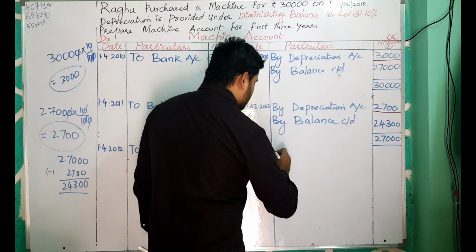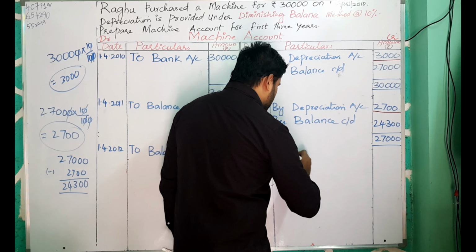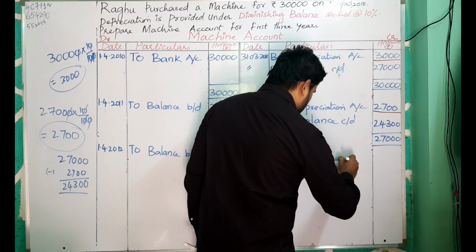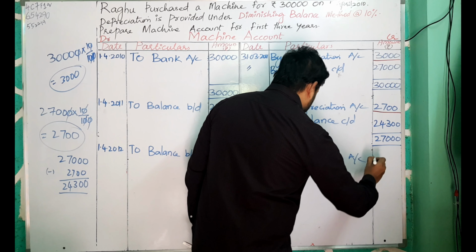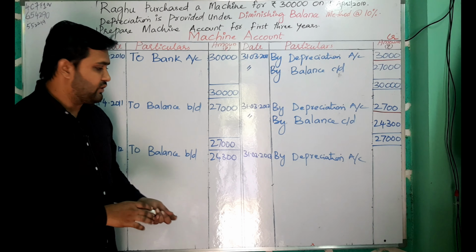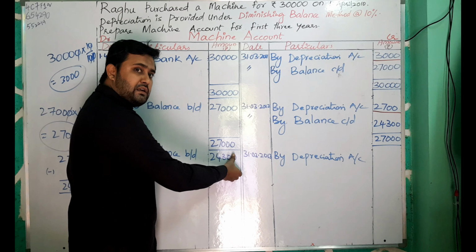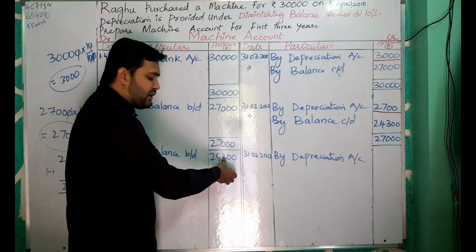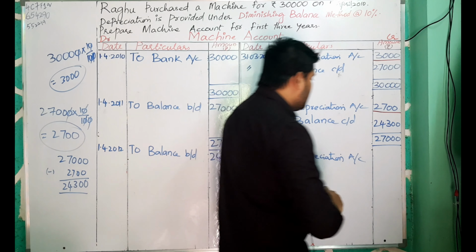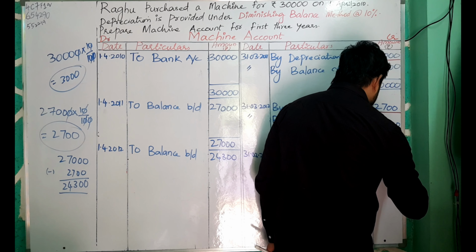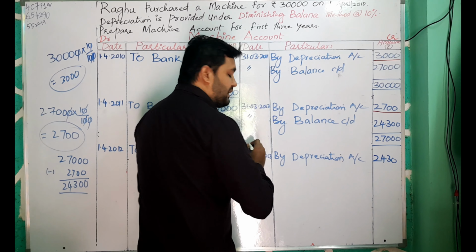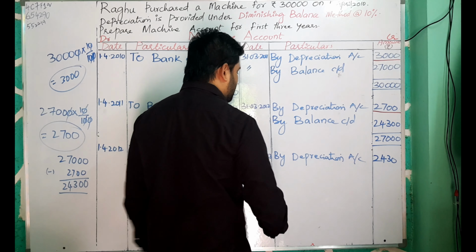Now the year ended on 31st March 2013, by depreciation account. Calculate 10% on it. Just now I have shown you a shortcut. If you cut off one 0, you will get 10% of 24,300, which will be 2,430. If you want to go for the long way, yes you can.